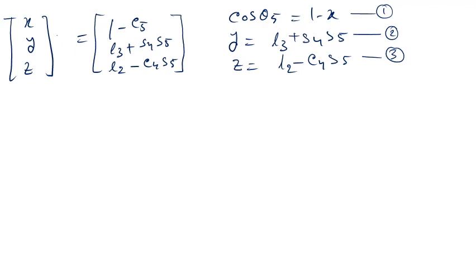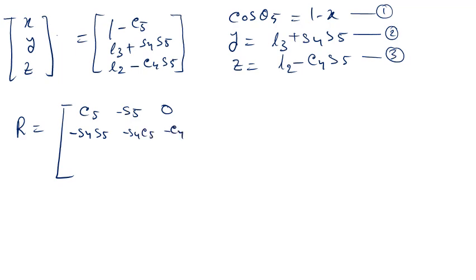Let me rewrite the rotation matrix. The rotation matrix here is basically C5, minus S5, 0, then minus S4S5, minus S4C5, minus C4, and C4S5, C4C5, minus S4.